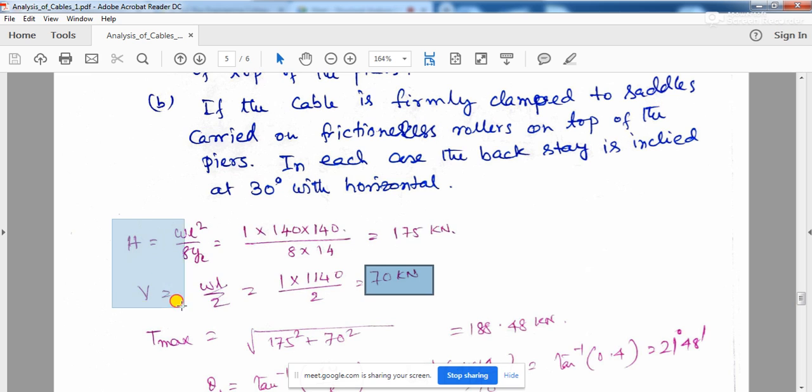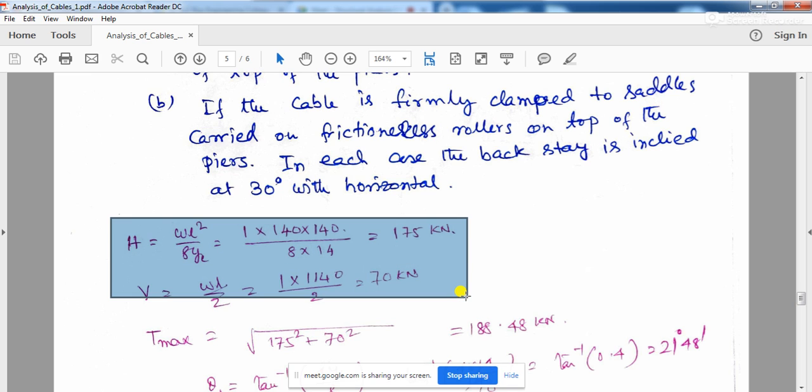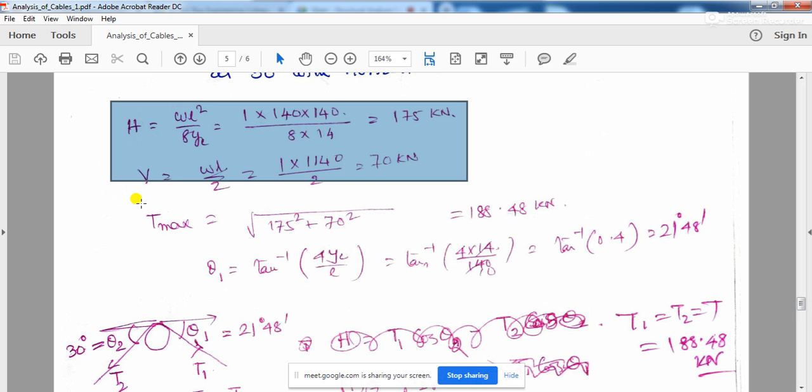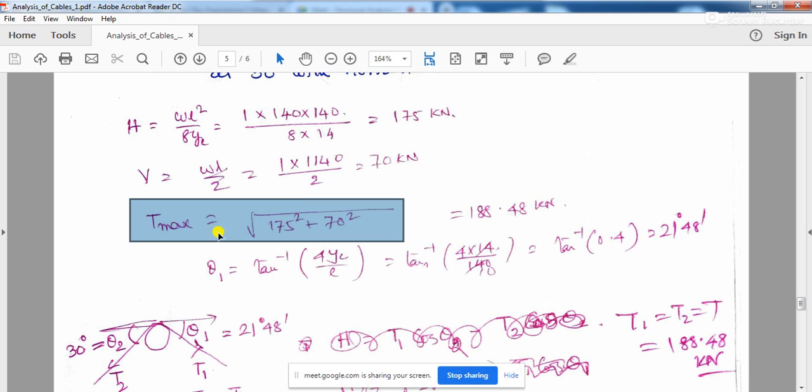Now you see, once you get the value of H and V, what can you do? As you have seen, the maximum tensile force is nothing but the square root of H squared plus V squared. So the square root of H squared plus V squared is going to give you the maximum tensile force in the cable.